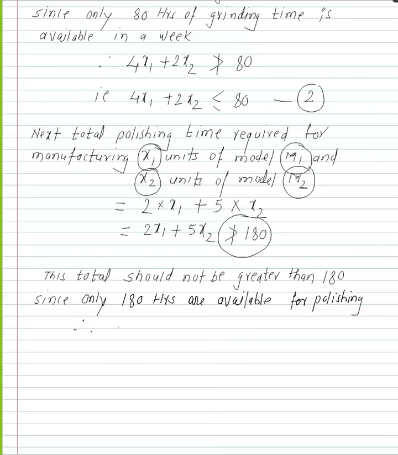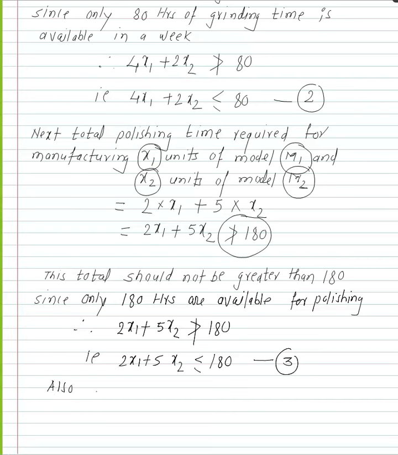Therefore, total polishing time 2x1 plus 5x2 should not be greater than 180. That is, total polishing time should be less than or equal to 180. Suppose this is equation number 3. It is the constraint on polishing time.